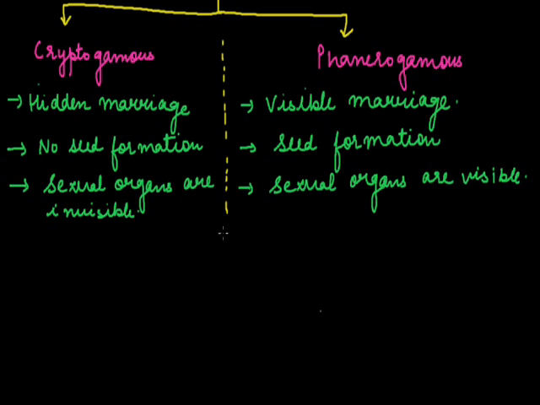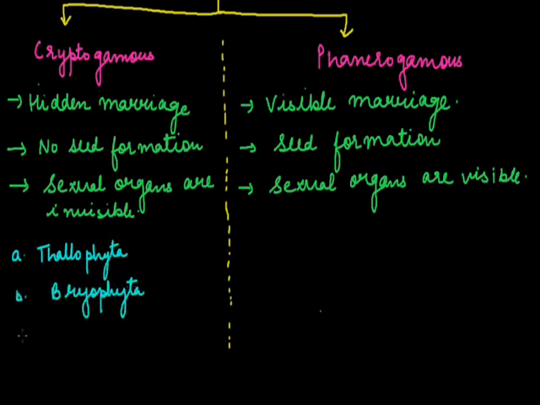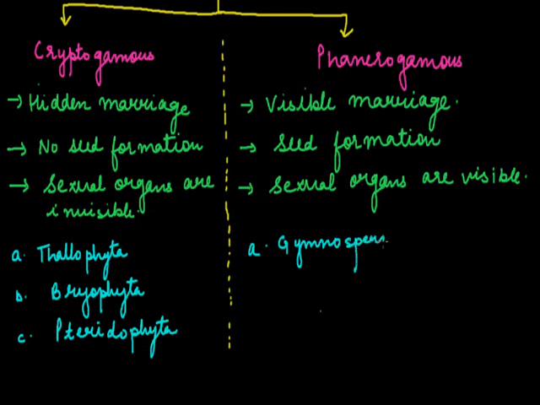Now, cryptogamous, according to Eichler, is further classified into three groups: Thallophyta, Bryophyta and Pteridophyta. Whereas the phanerogamous is divided into gymnosperms and angiosperms.